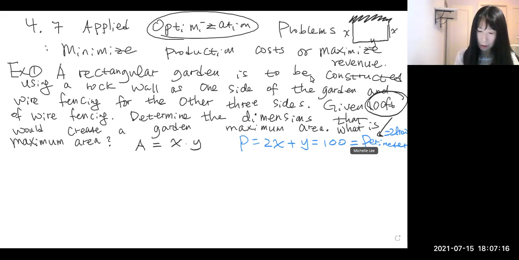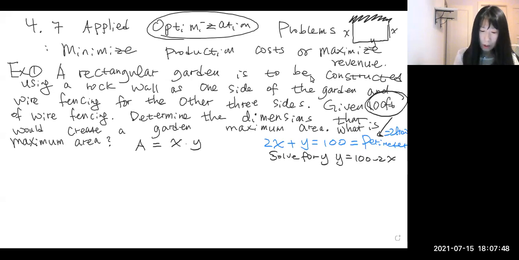Okay, so let me erase this. Now we're gonna solve for y. Then y equals what do you get? We get 100 minus 2x, right?